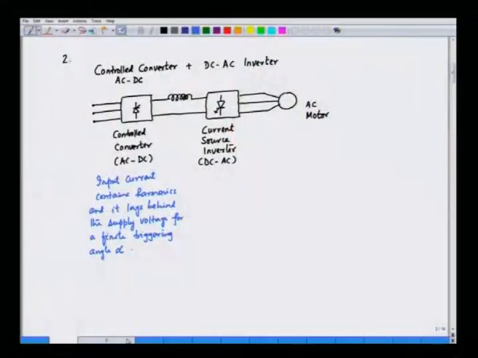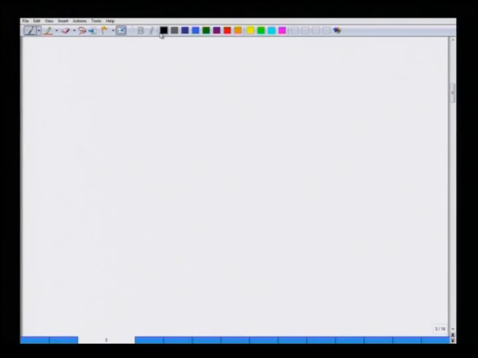Now, what is the other possibility? The other possibility which is conventionally employed is a cycloconverter. In a cycloconverter, what we do, we feed the motor from an AC to AC cycloconverter. It is AC to AC conversion, but again on the input side we have harmonics. The third possibility we have in this case is a cycloconverter, AC to AC cycloconverter.